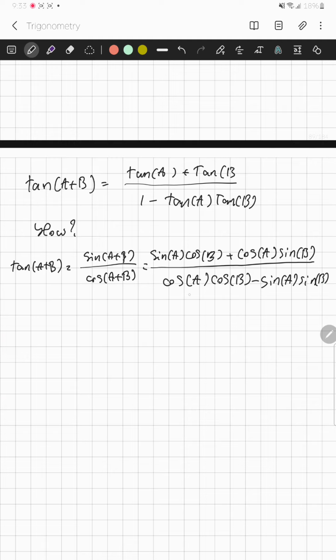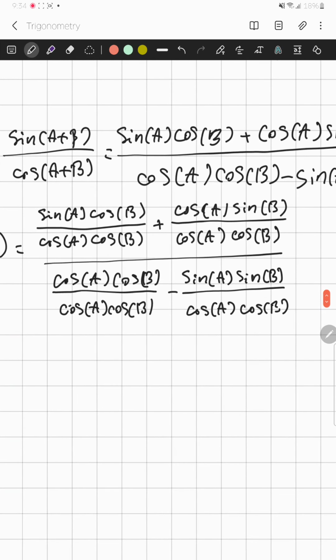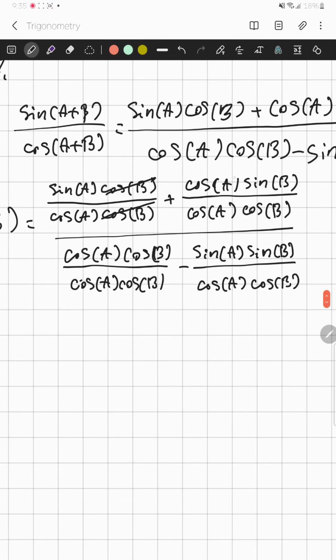So we should divide every term by cosine a cosine b. Let's do that. So we divided every term by cosine a cosine b, so that cosine b cancels with cosine b, and cosine a with cosine a.